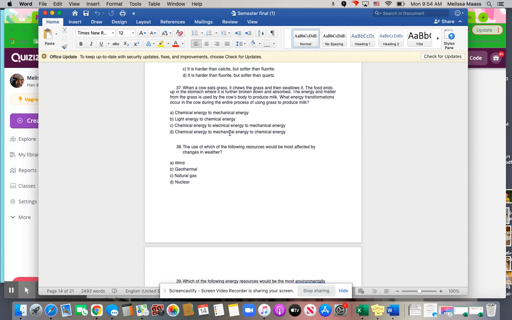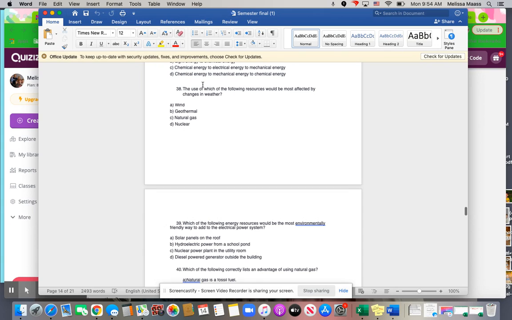Well, that makes sense. The food ends up in the stomach where it is further broken down and absorbed. So when the food's in the stomach, chemical changes happen. Mechanical energy is obviously going to make the cow move. And then chemical energy, since it's producing milk, a whole new substance, we're back to chemical energy. So it's going to be choice D, okay?